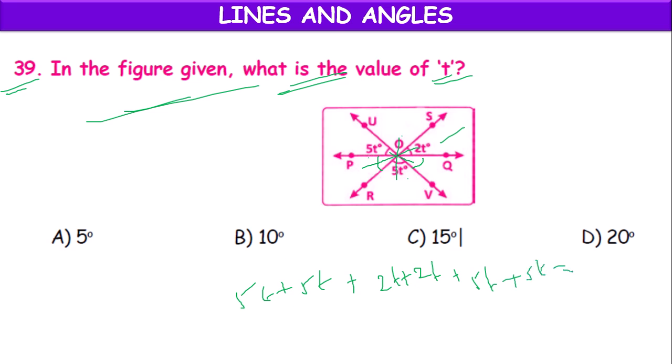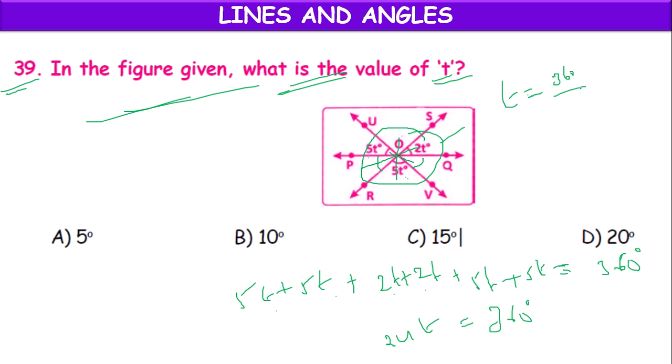These are all the angles formed around O, whose sum will make a complete angle which is 360 degrees. So 5t plus 5t is 10t, 2t plus 2t is 4t, 10t plus 4t is 14t, plus 10t is 24t equal to 360 degrees.